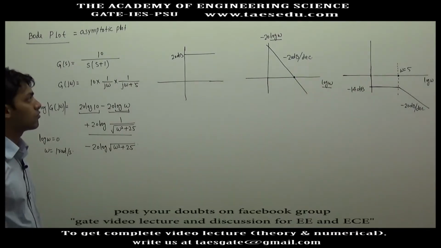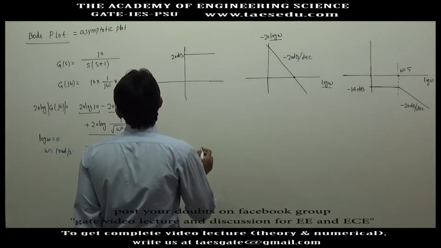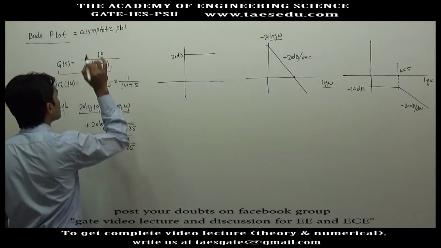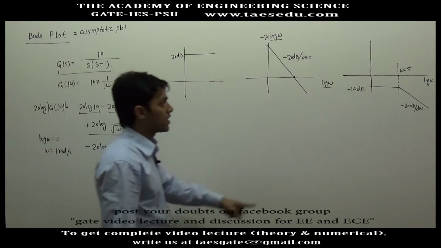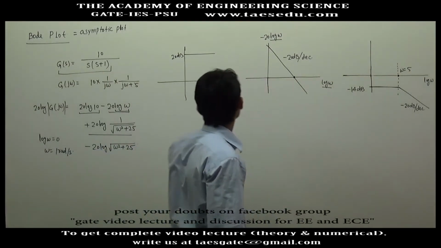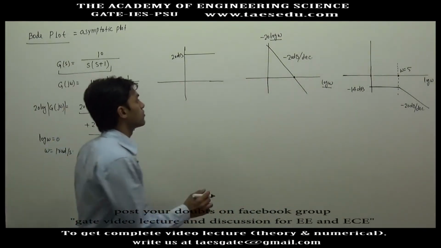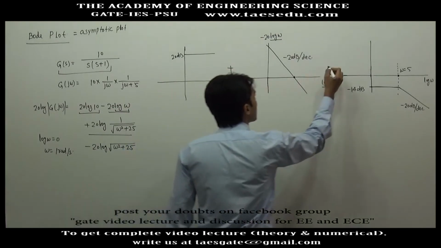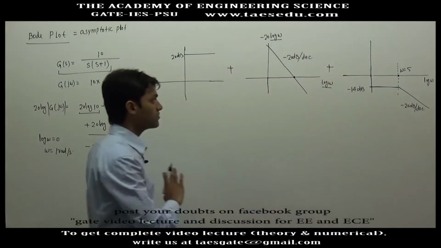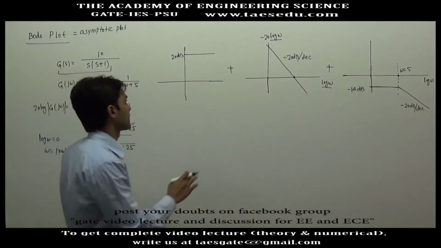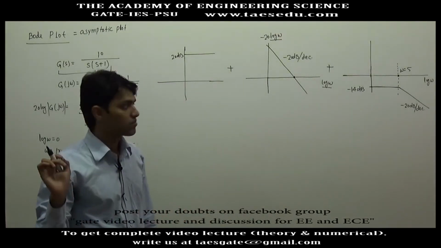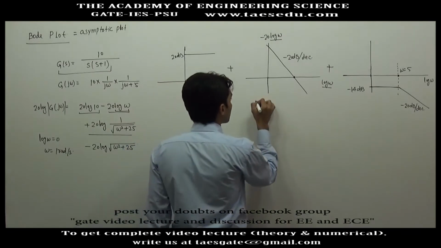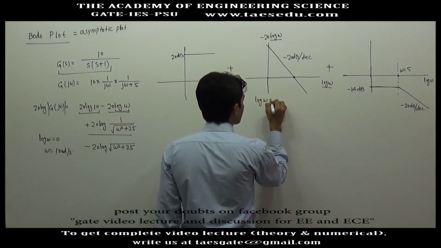Now what we have to do to get the Bode plot of this function: we took the log and we applied approximation. Since we took the log, we have to take the addition of these three graphs. If we want to take addition, we will first choose a point, let's say when log omega equal to 0.